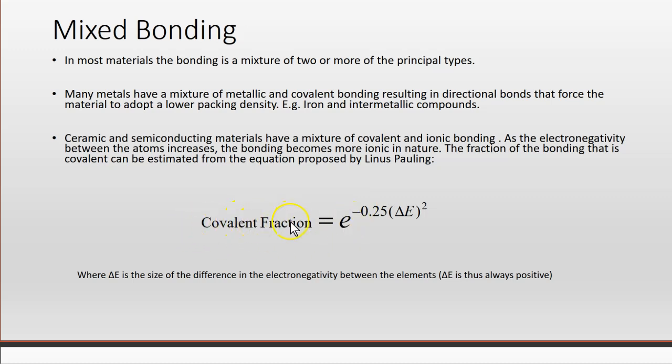So the covalent fraction, which is a number from 0 to 1, is equal to e to the minus 0.25 times delta E squared, where delta uppercase E is the size of the difference in the electronegativity between the elements. Note that thus delta E is always a positive number in this equation.